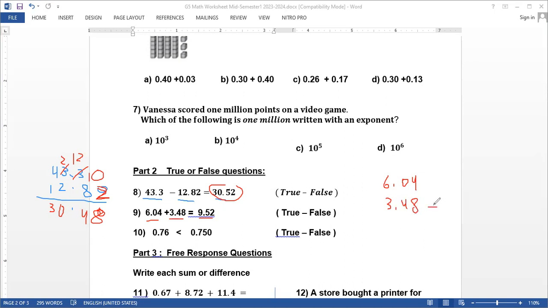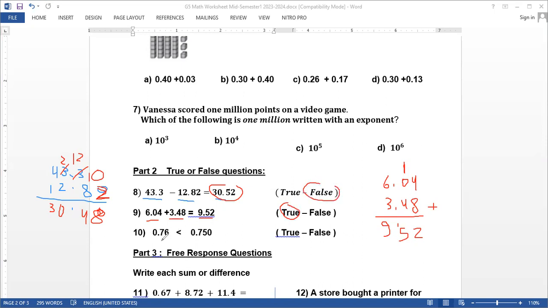I need to add. Now in addition, first I put the point. I start adding from the right. 4 plus 8 equals 12. 2 down and 1 up. Take care, guys. You have to put the ones down and the tens I put with the tens. 1 plus 0 plus 4 equals 5. 6 plus 3 equals 9. So true. And here we said it's false.